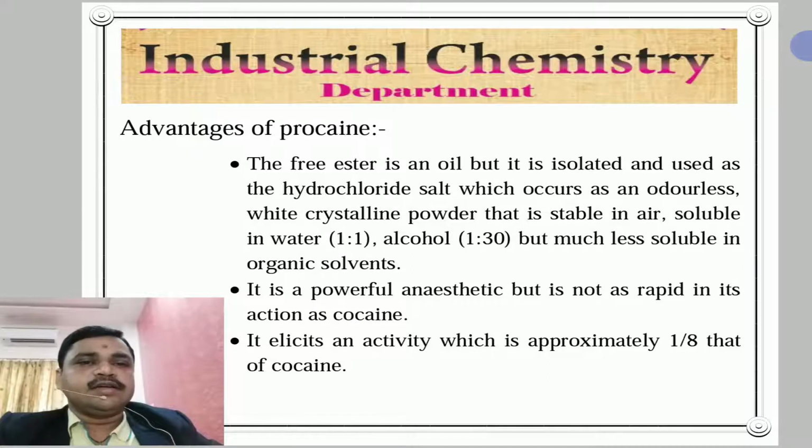So these are the properties of procaine. It is a powerful anesthetic, but is not as rapid in its action as cocaine. Compared to cocaine, it is very slow.